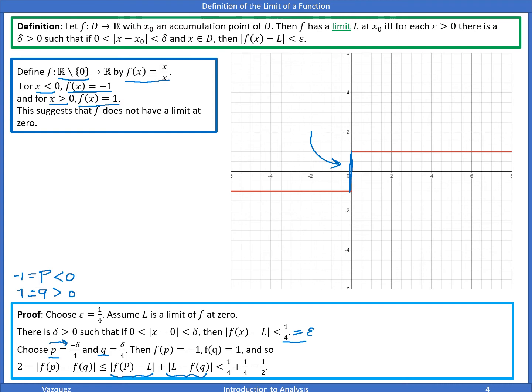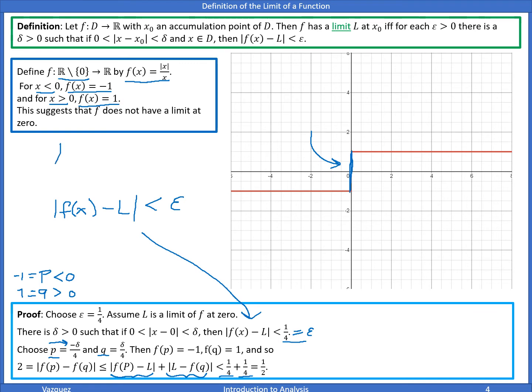If we're using the definition of a limit, well then they should be less than 1/4 plus 1/4. Why? Well, because f of x minus L, where it shows here, needs to be less than epsilon for our definition to apply.